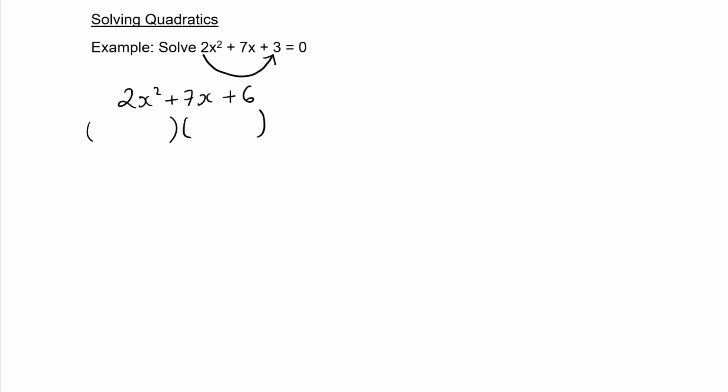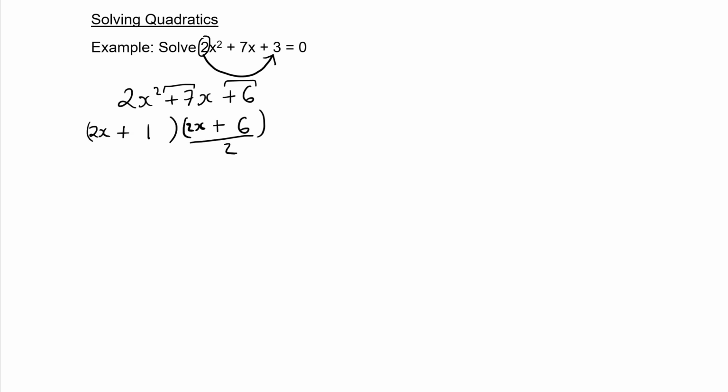So I'm going to have 2x and 2x as before. I want a pair of numbers which will multiply to give plus 6 and add to give plus 7. Obviously this time we have plus 1 and plus 6. I'm going to divide one of my brackets by 2, because that's the coefficient of x squared. That's what I multiplied by at the start.